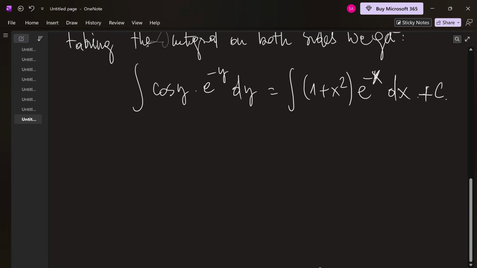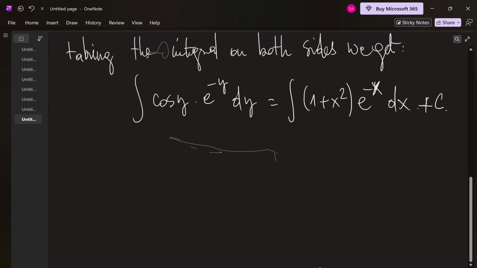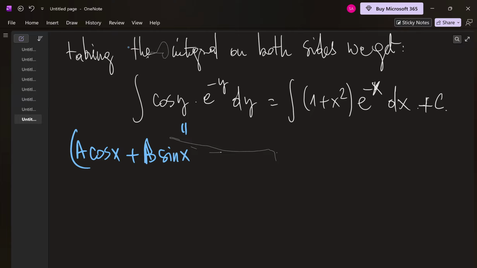So I will compute each integral on one side. We begin with this integral. Remember that a times cos x plus b times sine x, times exponential minus x.